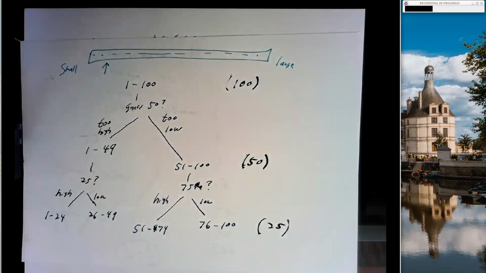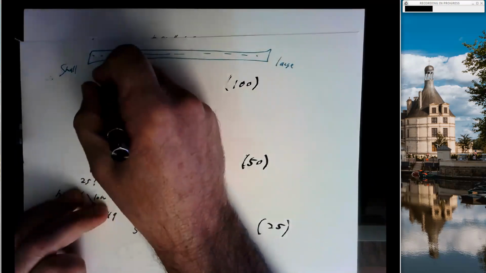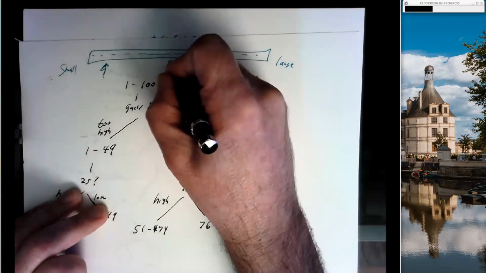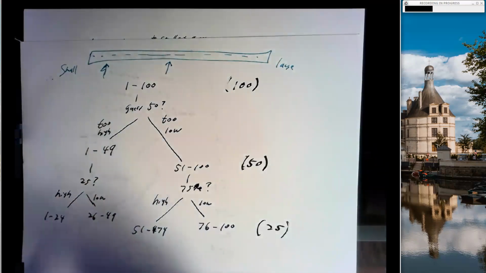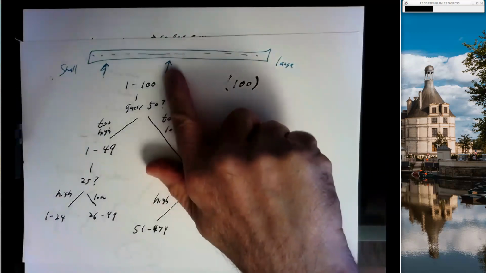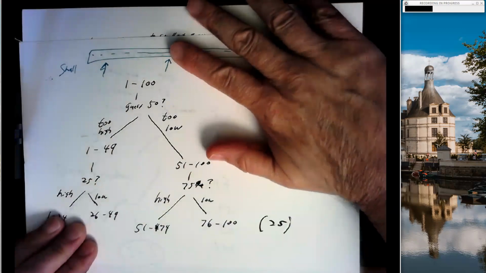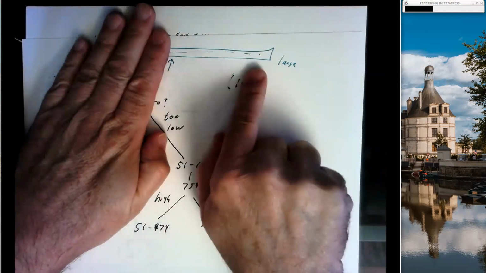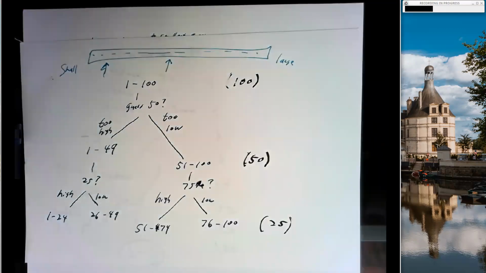And what we want to do is guarantee that on average, we get the best possible outcome, the fewest number of guesses. And the only way we can do that is if we make our initial guess pretty close to the middle of this range. And now whether that's too high and our problem becomes this, or too low and our problem becomes that, our new problem is going to be roughly half the size of the original.